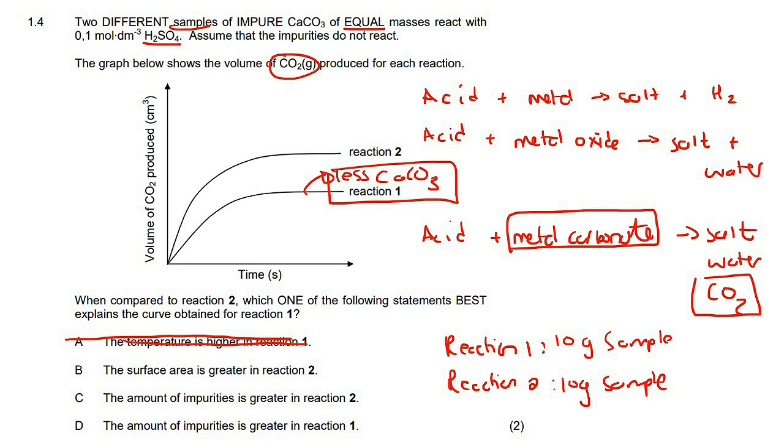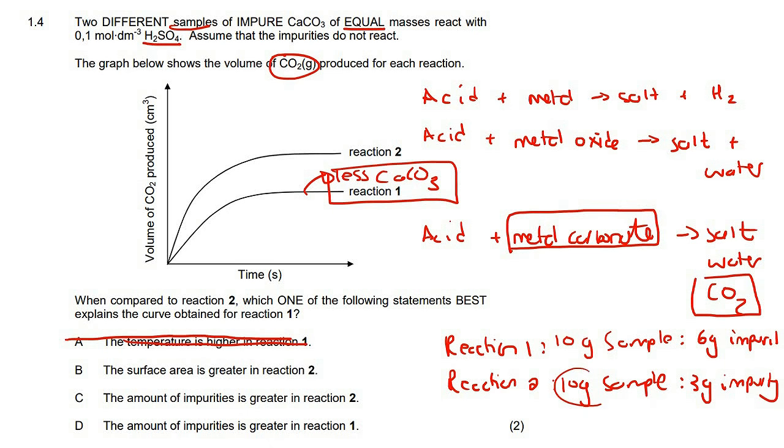However, there are different amounts of impurities, because check here, they're saying the amount of impurities is greater in this one. Now the impurities is the stuff that doesn't react. So I think that in reaction 1, there's more impurities, because let's say there's 6 grams of impurities, and then in this one there's only 3 grams of impurity, for example.